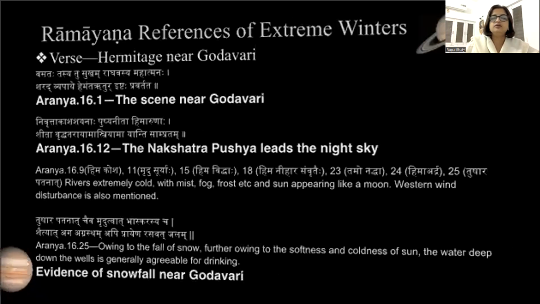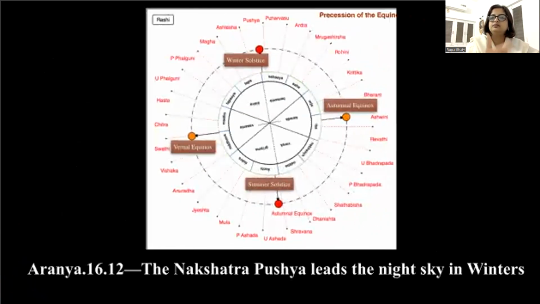Now coming back to where this Pushanita Himaruna verse is pointing us. It is pointing towards the winter solstice, because the whole winter night is being pulled by the Pushya Nakshatra, not the Pausha month. So we have to be very specific here to understand that Chitra is a nakshatra, and the month is named after it.